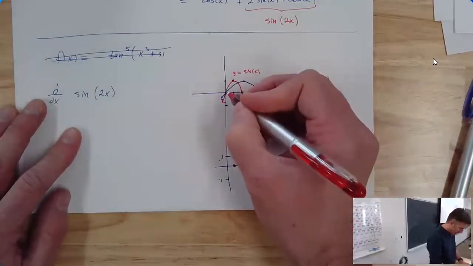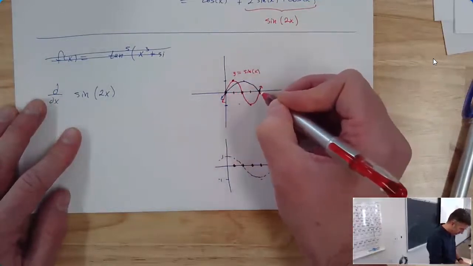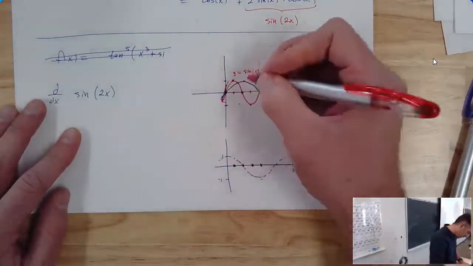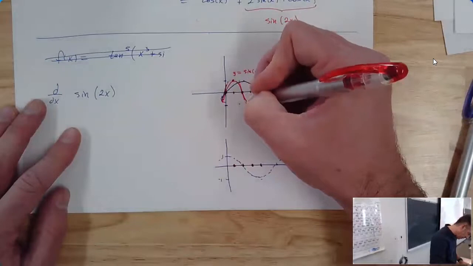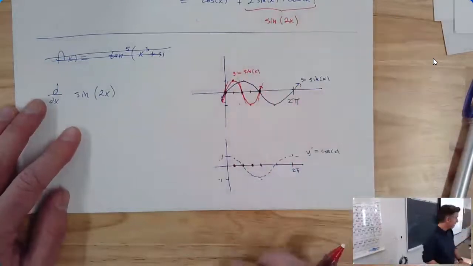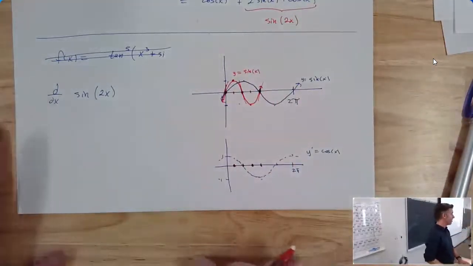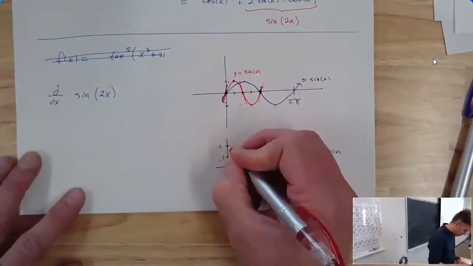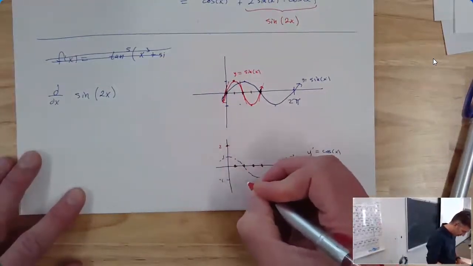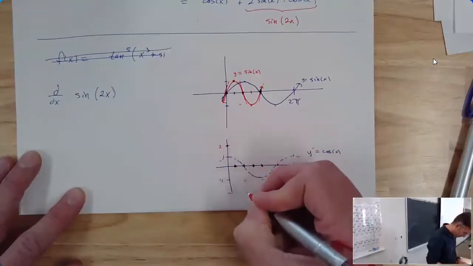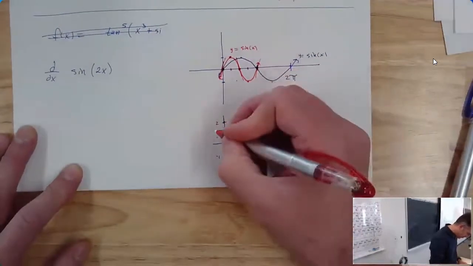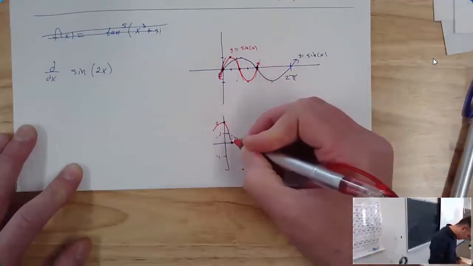But at this spot here and this spot here and this spot here, the tangent lines have a very positive slope, a very negative slope, and a very positive slope. More positive than 1 and more negative than -1. In fact, the slopes are 2 and -2. And so it looks like this.